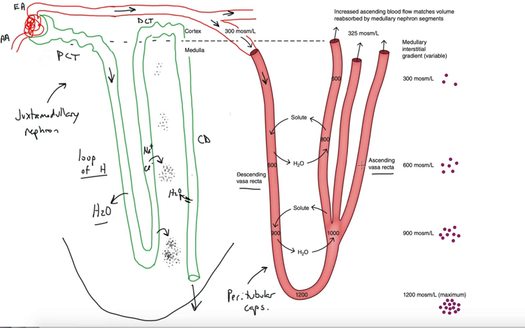That actually helps explain why we have 3 ascendings and only 1 descending here, and that's arbitrary. But what I'm trying to point out is that there's more ascending flow than descending flow because of picking up this extra volume from the loop of Henle and the collecting duct. Okay? So that makes sense.